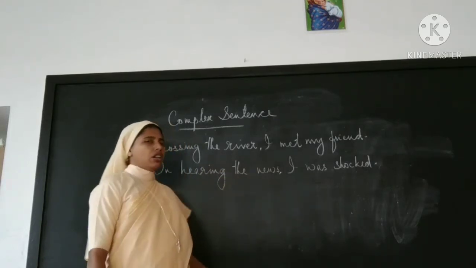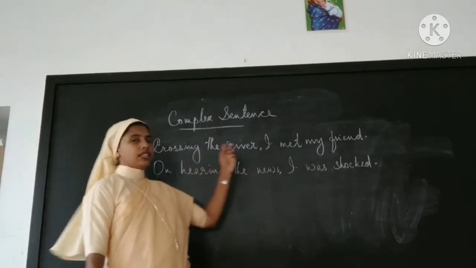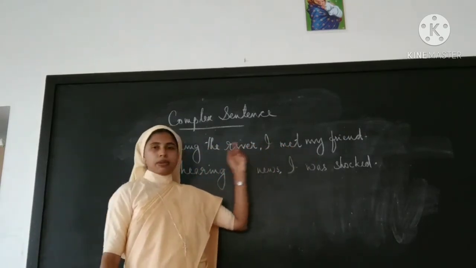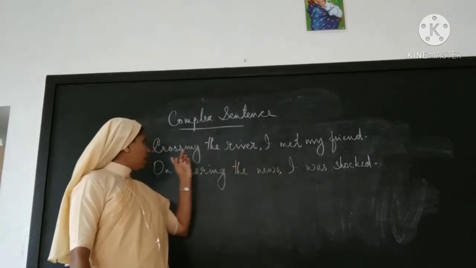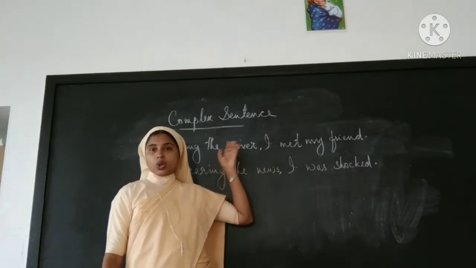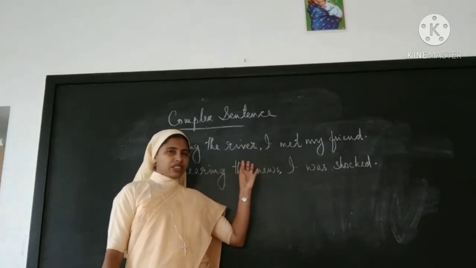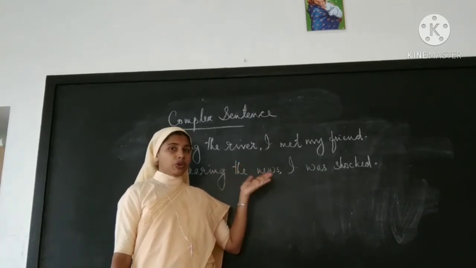Let's analyze the structure of the sentence. Crossing the river, I met my friend. How many clauses are there in that sentence? Is there any subject or verb here? Crossing the river: no subject, no verb.